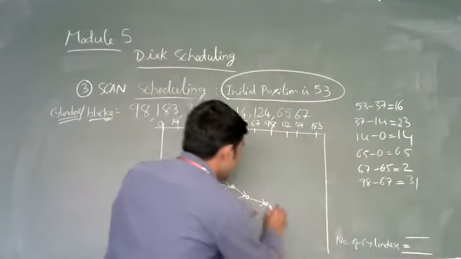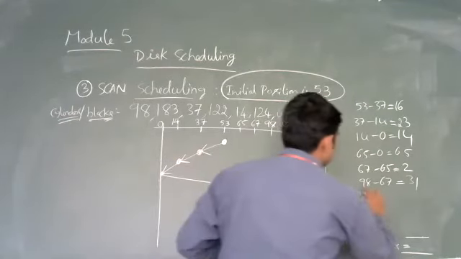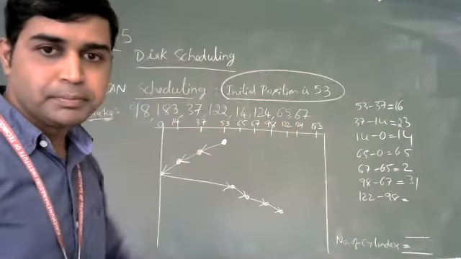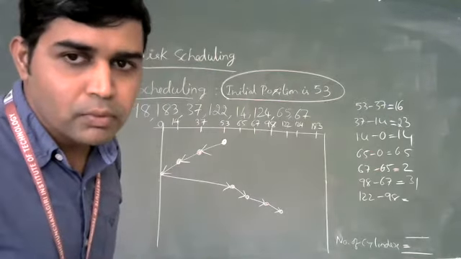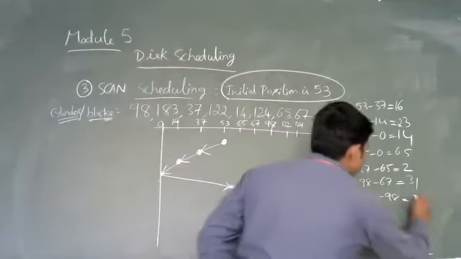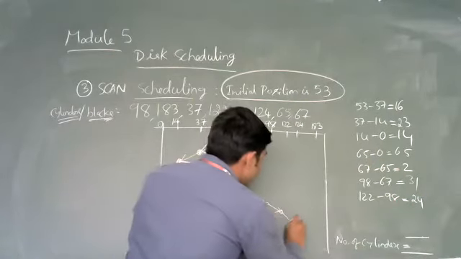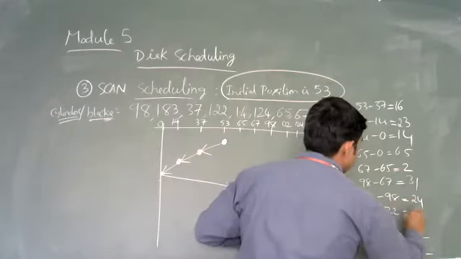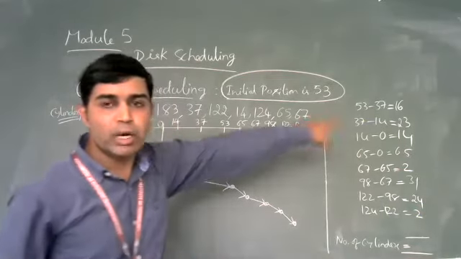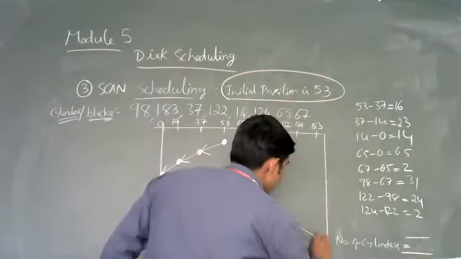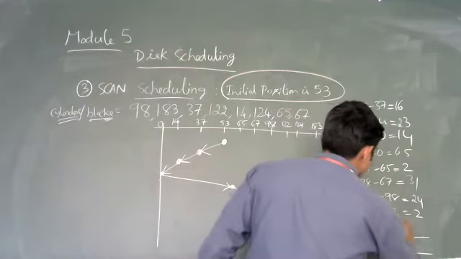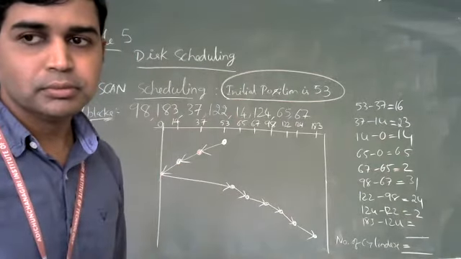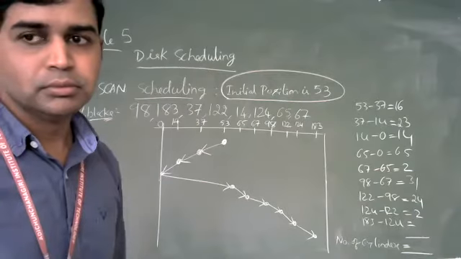Next from 98 you are moving to 122. 122 minus 98 is 24. Next from 122 you are moving to 124, and finally from 124 to 183. How much? 183 minus 124, 59.